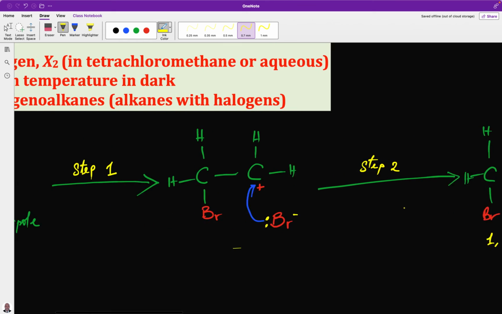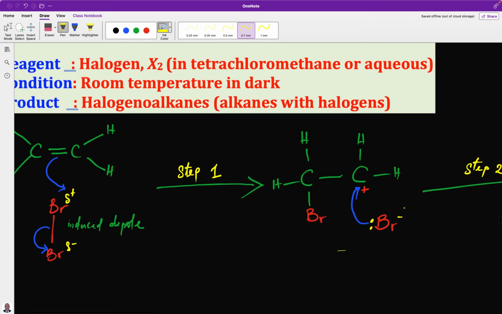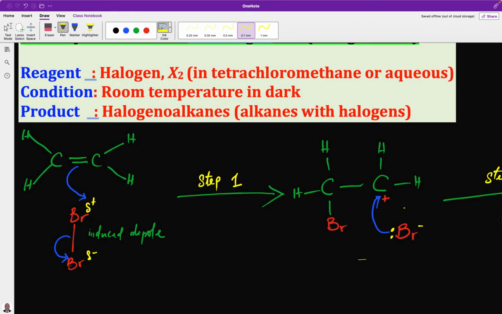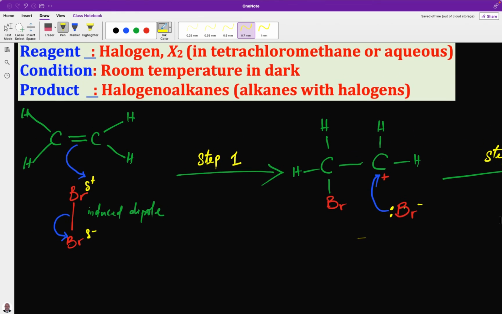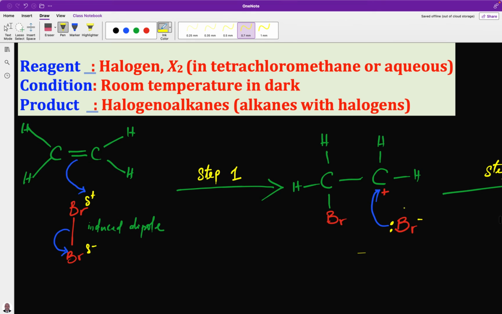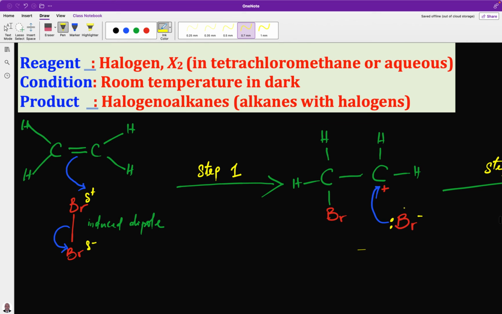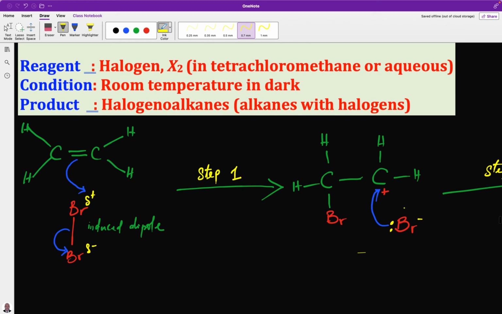So this is how electrophilic addition of bromine takes place in alkenes. Electrophilic addition of a halogen, for example bromine, takes place in alkenes, especially at room temperature in the dark.